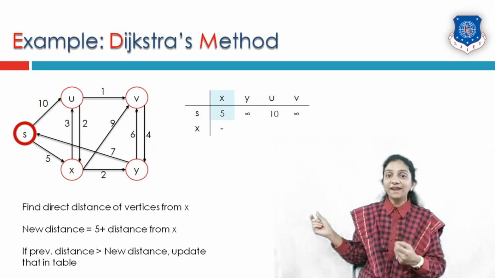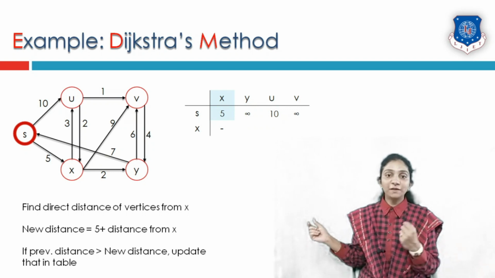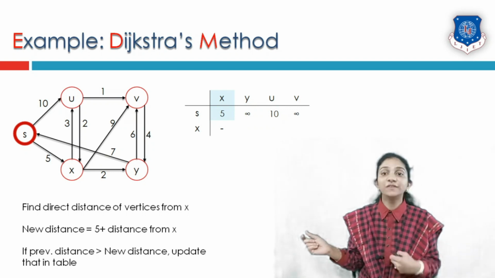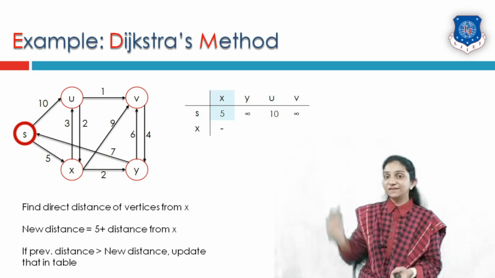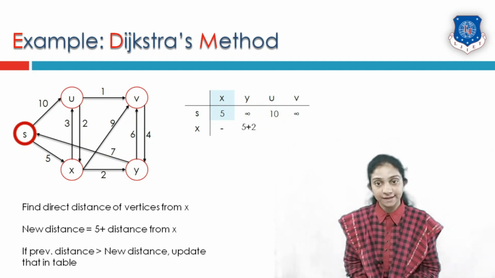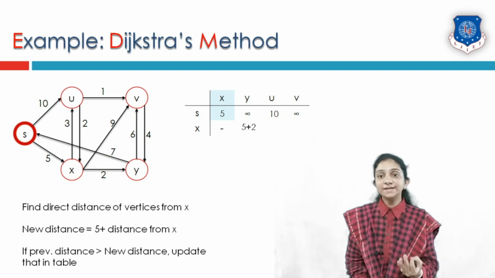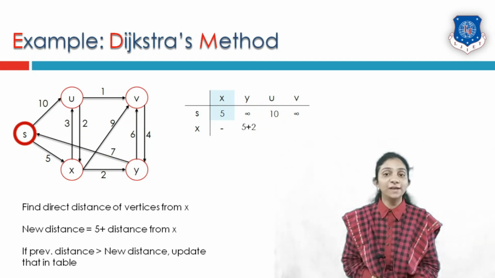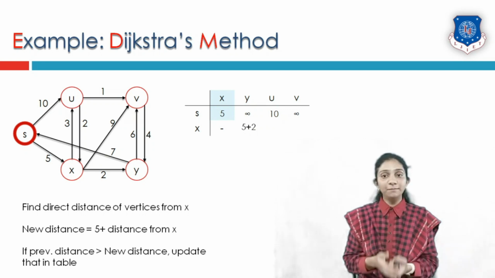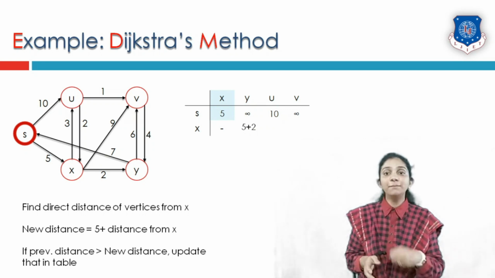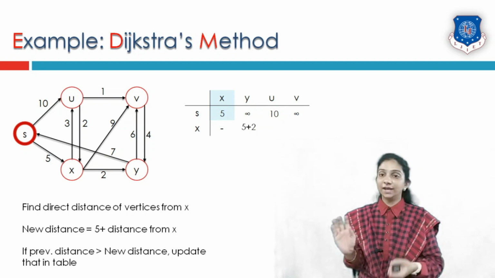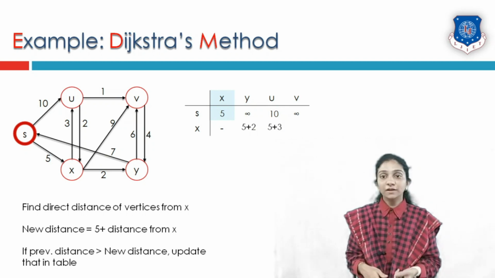So we will add 5 to that. 5 plus 2 is equal to 7 and the previous distance is infinity. Whatever the minimum value is will become the new entry in the table. So here 7 is lesser than infinity.